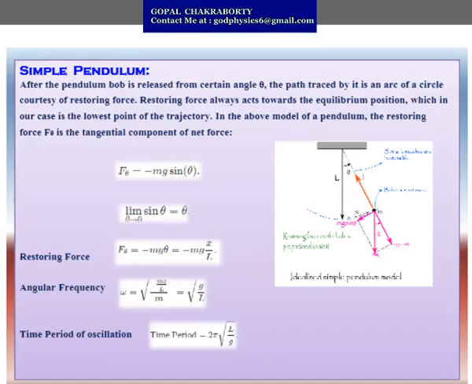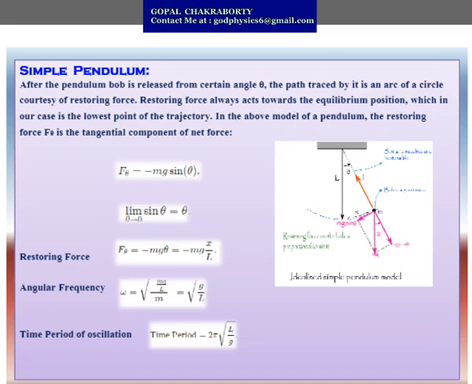As I have discussed, you can write F equals minus mg sin theta. As theta is very small, we can write sin theta equals theta. So F equals minus mg theta, where theta is x by L, and we substitute that value.